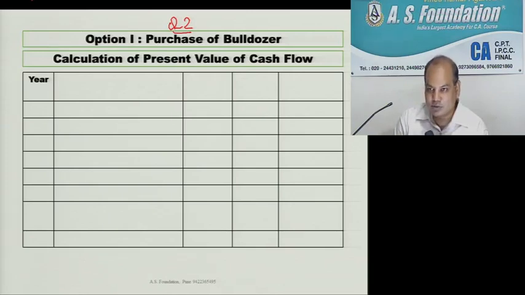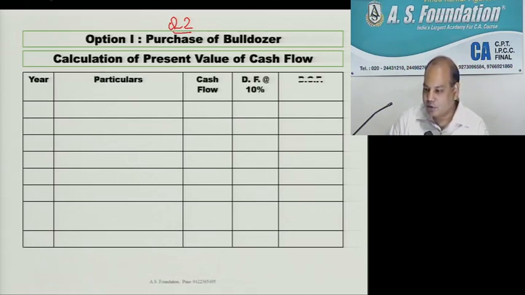These are the cash flows. Calculation of present value of cash flows.